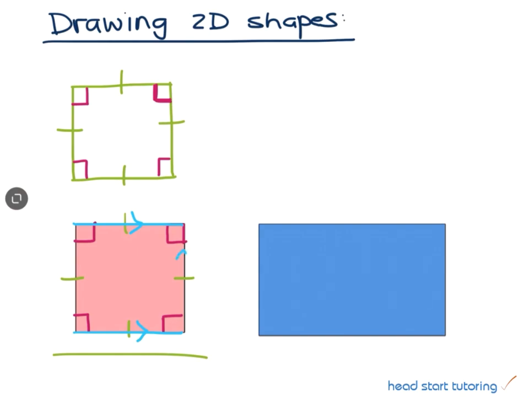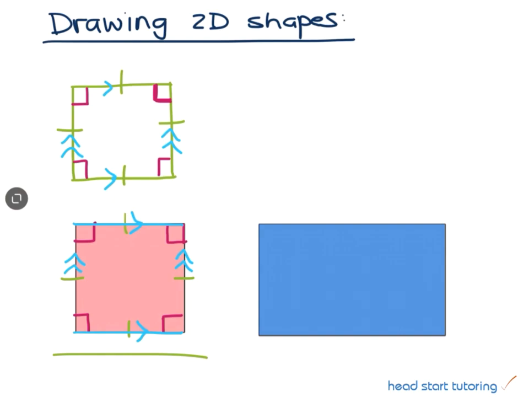And then we put two arrows on the other two opposite sides to indicate that those sides are also parallel to each other. So we obviously do the same in our drawings. So these arrows are to indicate that the lines are parallel to each other. Right. So those are the most important things.